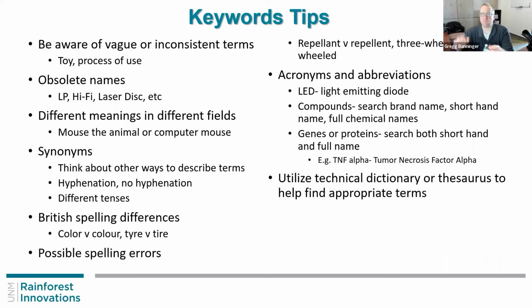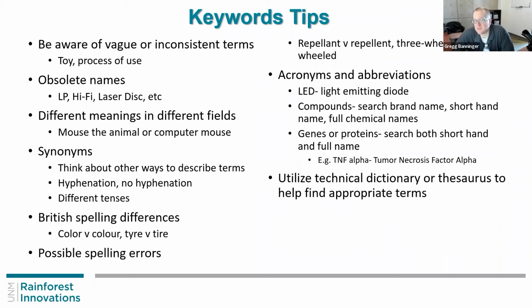I would search both the acronym as well as the full write-out, like so LED is light emitting diode. If it's a compound, I would search not only the brand name, if it's something that has a brand name, maybe there's a shorthand name for the compound that everyone uses, but I'd also search the full, official chemical name as well. So think of those things.